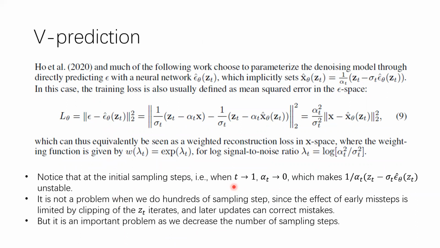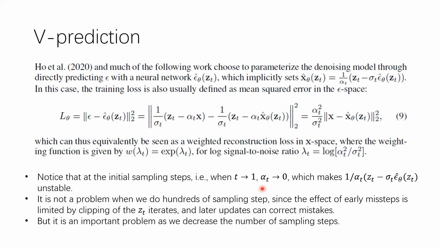However, notice that at the initial sampling steps, when t is close to 1 and alpha_t is close to 0, you have this term 1 over alpha_t, which is very unstable because alpha_t is close to 0. This is not a problem when we do hundreds of sampling steps, since the effect of early missteps is limited by clipping of z, and later updates can correct these mistakes.